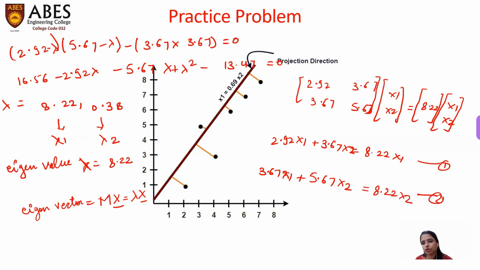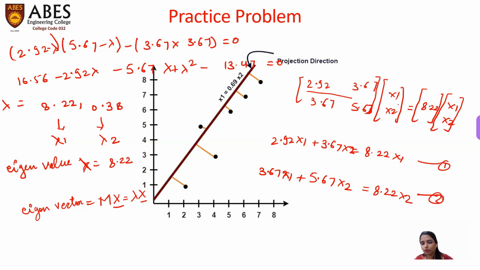This is our equation 2. How did I calculate this? I applied matrix multiplication: 2.92 with x1, then 3.67 with x2, the first row with the first column, then the second row with the first column.